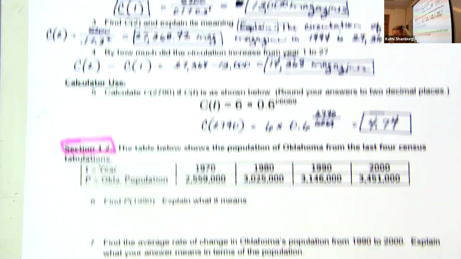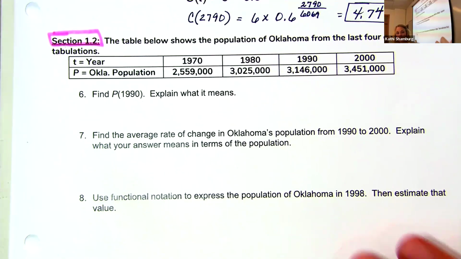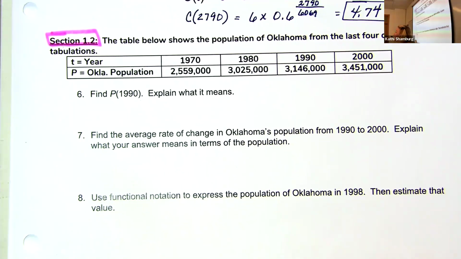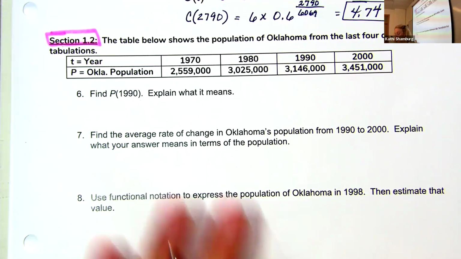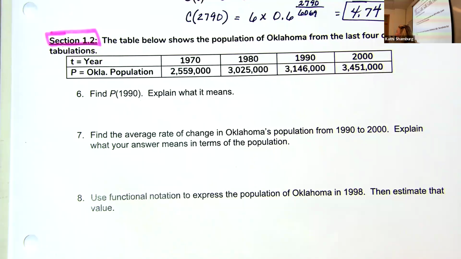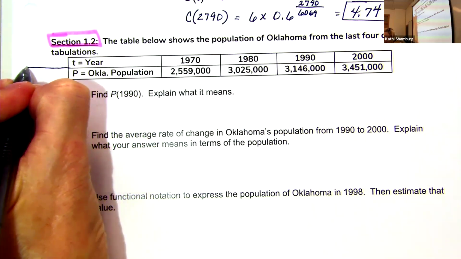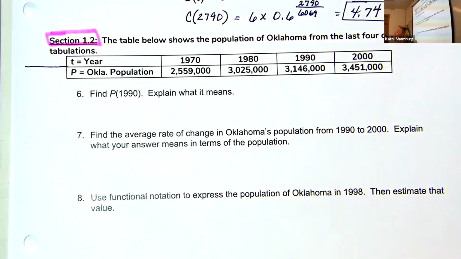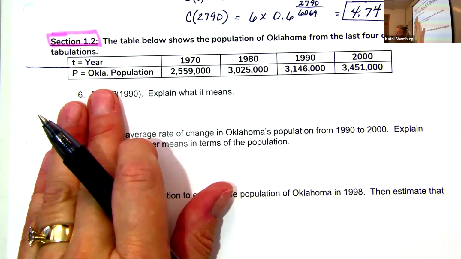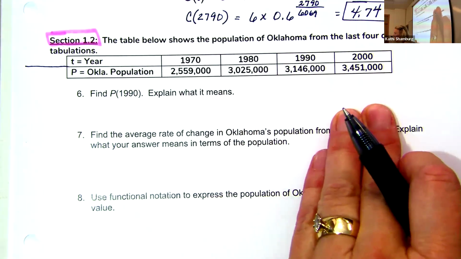Okay, 1.2 was from the table, which you guys tended to do better on. It does not ask to identify or define the function and the variable, but that could very well be a question on the exam, so be sure to know how to do that. So this is a horizontal table.